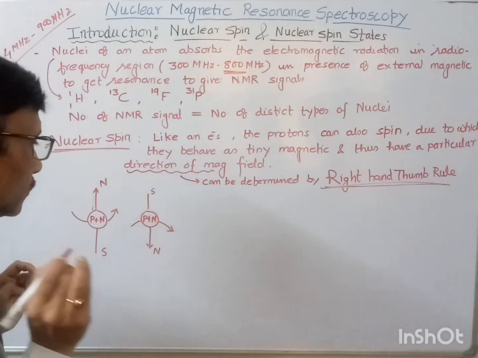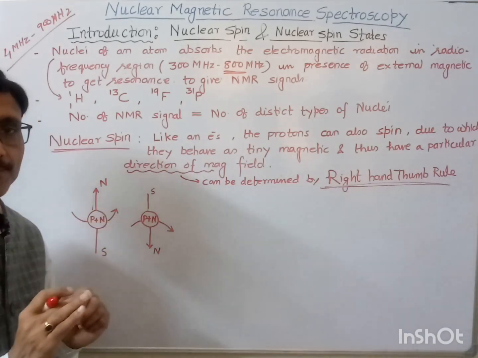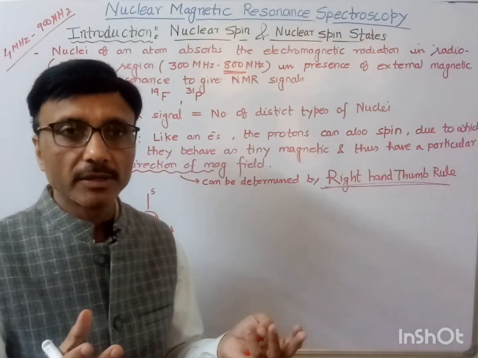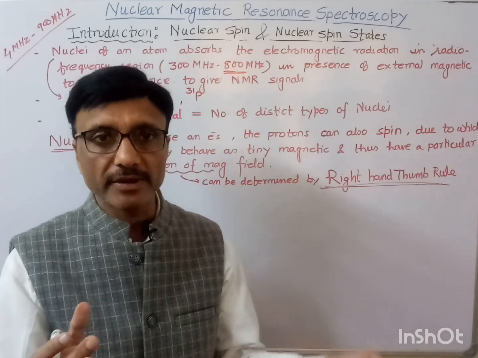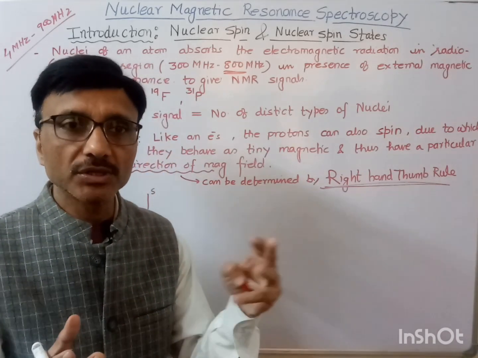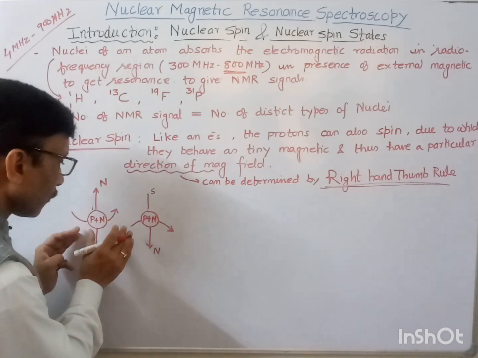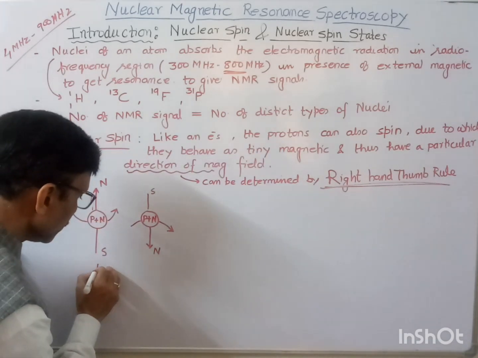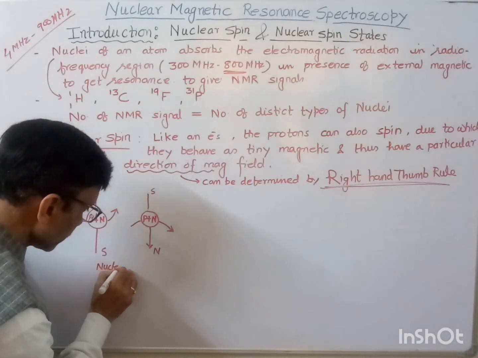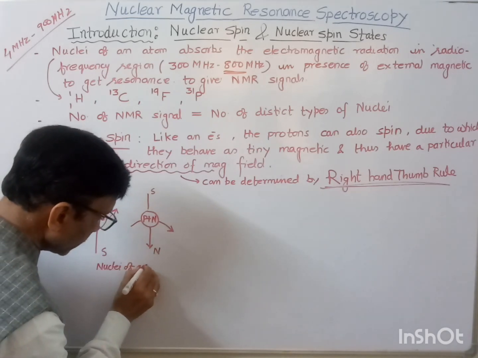So this is about the nuclei, and for the electron, the rule is just reverse. This is the rule for the nuclei of an atom.